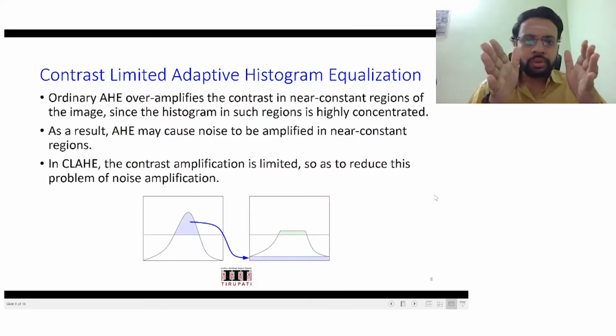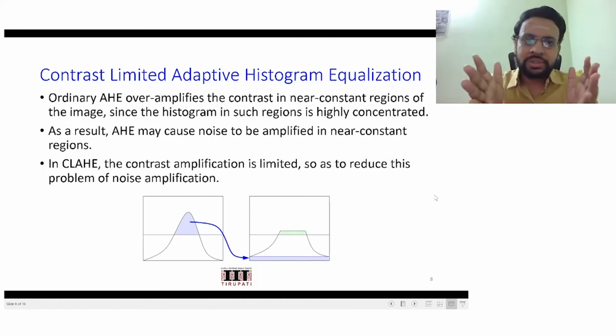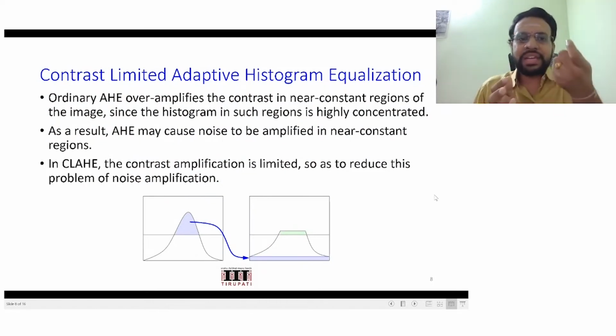Now you could notice that when we use local histogram equalization, there could be regions which are more or less uniform with slight variations in intensities. Those slight variations here and there are due to noise.